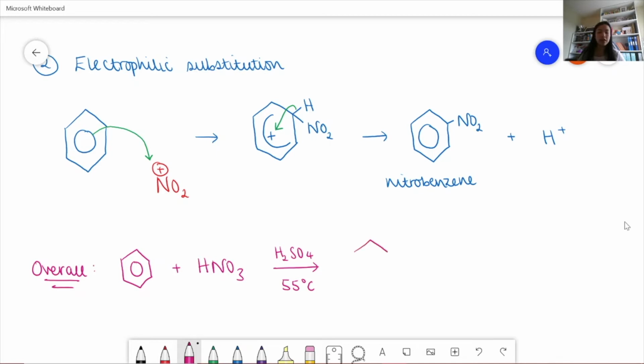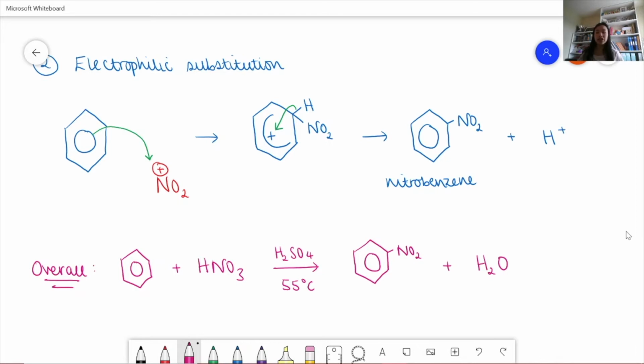And what we produce is this nitrobenzene and also water. So again, we need to remember that this is an electrophilic substitution reaction, as the attacking group is an electrophile, it's the NO2, and this NO2 is substituting a hydrogen, and so it's a substitution reaction.